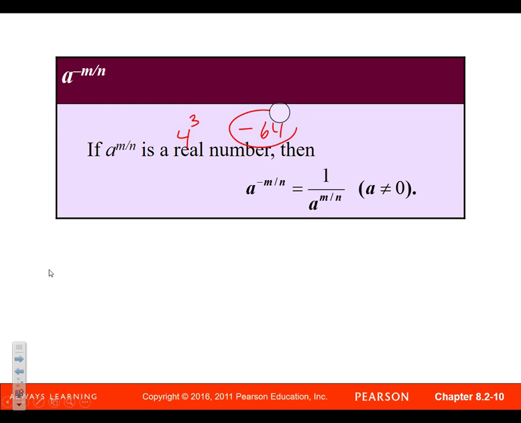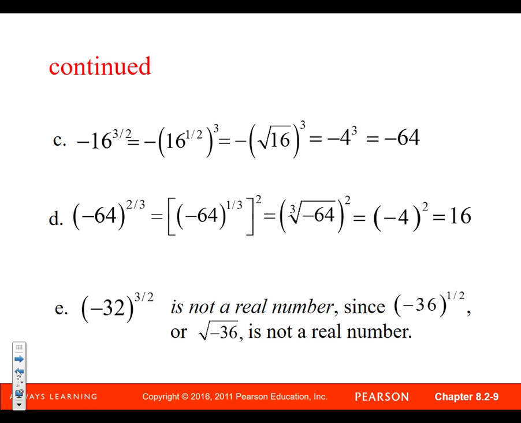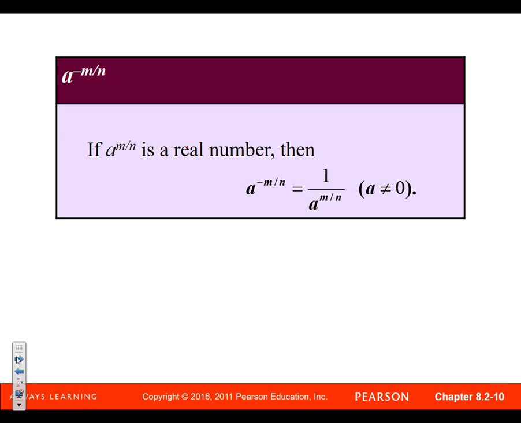Why is this here? Okay. If you have a to the negative m over n, if your exponent is negative, your rational exponent is negative, then just follow that rule. Remember with the powers? If it's negative, then you take it to the denominator.